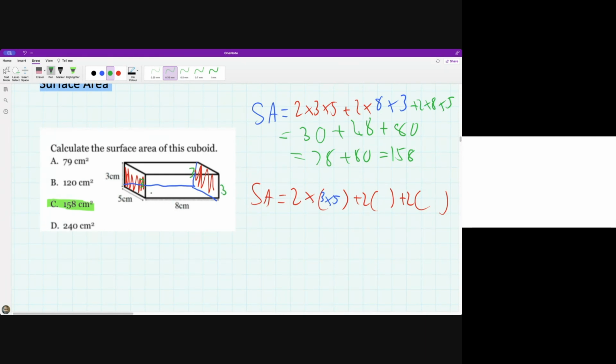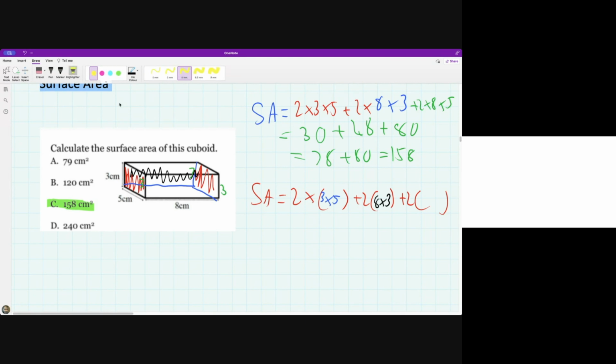Now, what about the front facing bit here? This is 8 by 3. So this part over here is going to be 8 by 3, but so is the part at the back. So now I've got 2 times 8 times 3. So maybe I should color in the back part there and then the front part. But now what about on top?